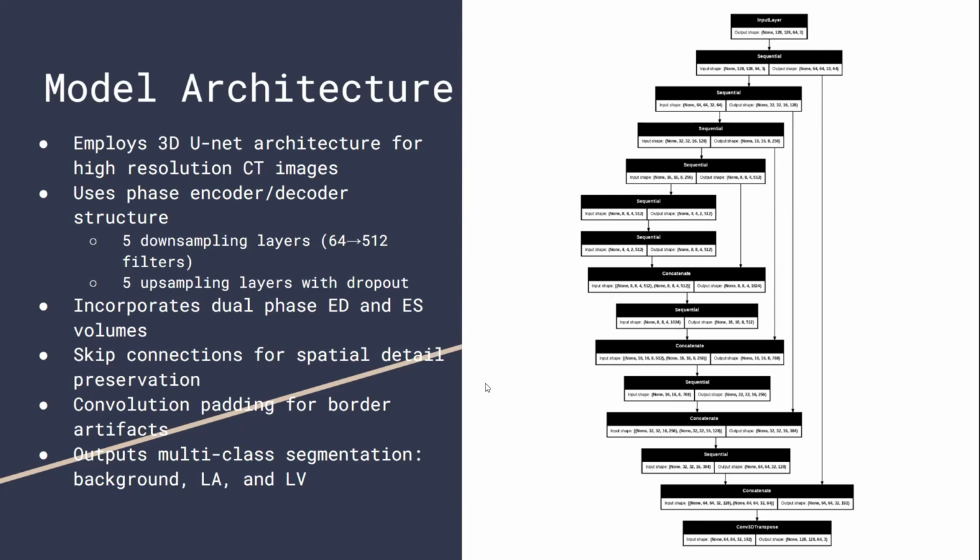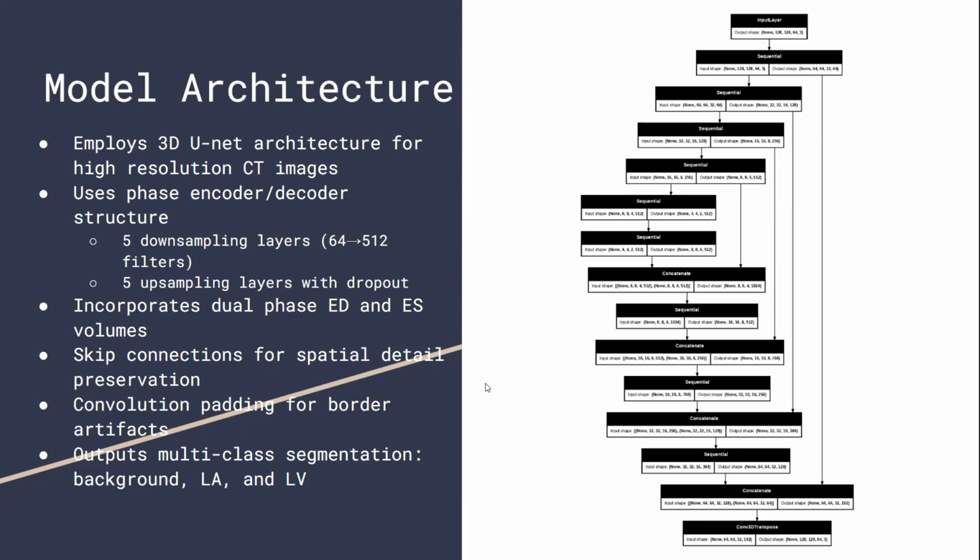I want to clarify that we actually trained separate models for different phase combinations of data to compare their effectiveness, and that's our method to incorporate this. We use skip connections for spatial detail preservation, and the output is multi-class: background, left atrium, and left ventricle.